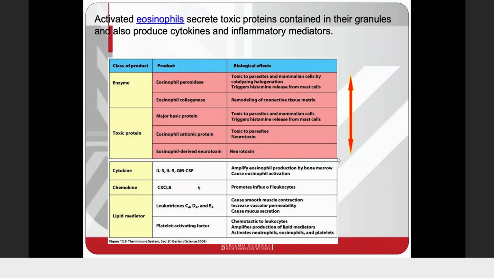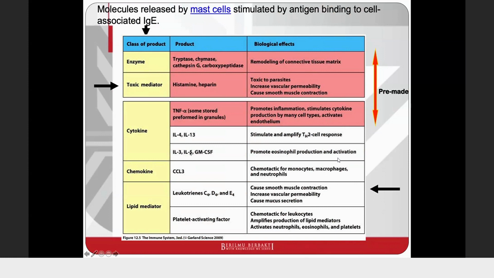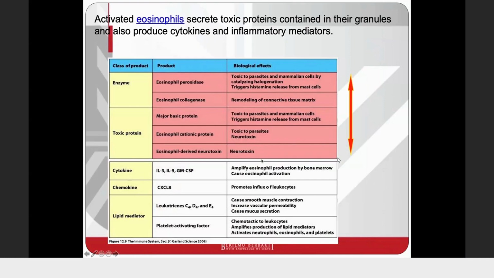For example, the cytokines released by mast cells, like interleukin 3, interleukin 5, and GM-CSF, granulocyte macrophage colony stimulating factor, will actually promote eosinophil activation. So once eosinophils are activated, they will release these enzymes.